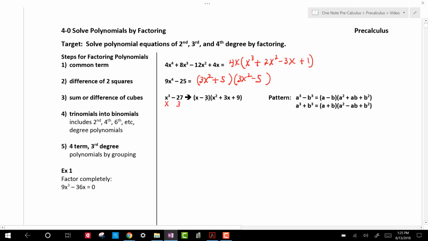Okay? If you look at the pattern to the right, if I recognize something as a cubed minus b cubed, the first factor is always going to be a minus b. And then the next factor is always going to be the first term squared up front, the last term squared in the back, and the two terms multiplied by each other in the middle with the opposite sign right here after the a squared.